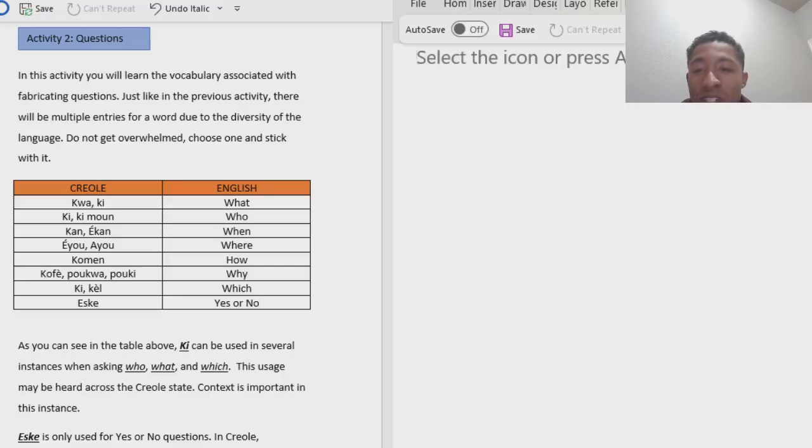So for question markers, you can see that there's quite a few. However, these question markers are not as complicated as you think, and you don't have to use all of them. So for instance, you have what, and for what you see that you have two, you have quoi and qui. Now the thing about qui is it's a very versatile question marker.